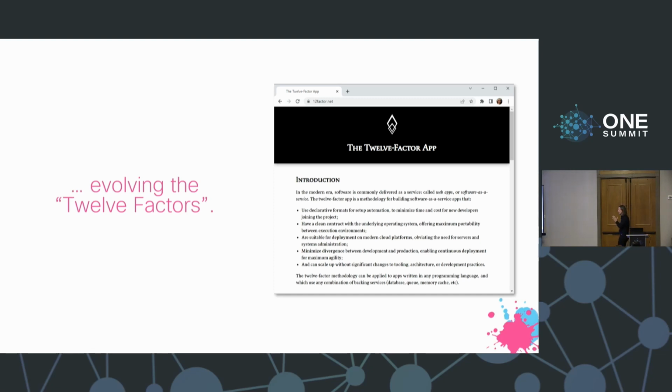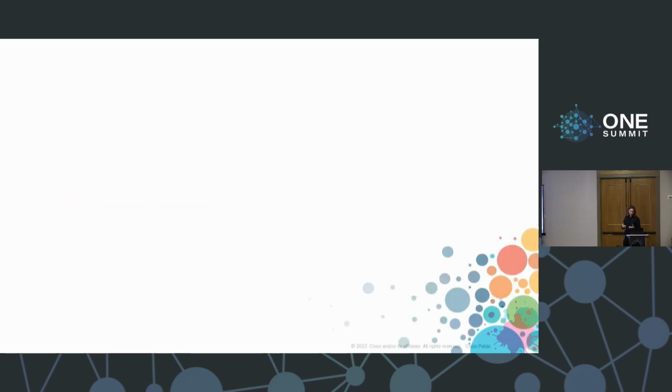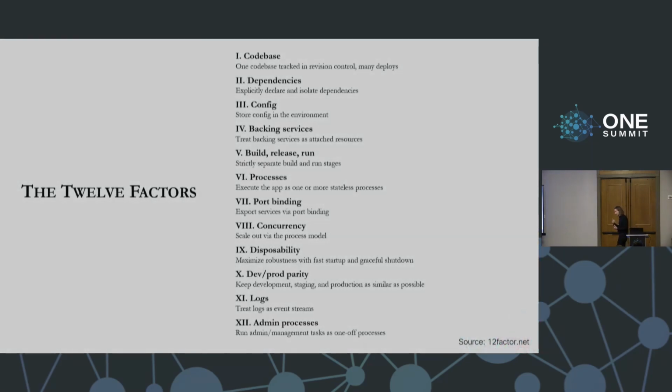If you look at the 12 factors that Heroku and the team gave us back in 2011, they're very stable. They came up with something that has been stable for more than 10 years as an application design principle if you're building something that is really cloud native.